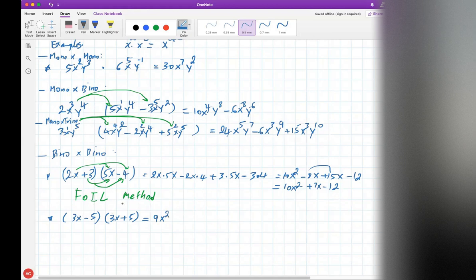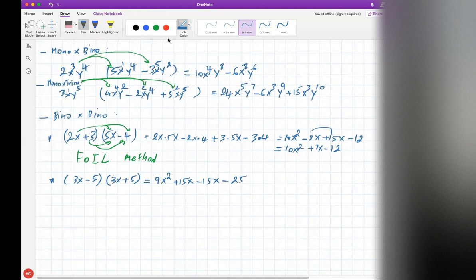Now we're going to do this. It's 3x, going to be plus 15x. Plus 15x, that's right. What else? Minus 15x, that's right. Now we're going to multiply the -5, so negative 15x. And finally, minus 5 times 5, exactly, negative 25. So it's going to be 9x squared, minus 25. Exactly.